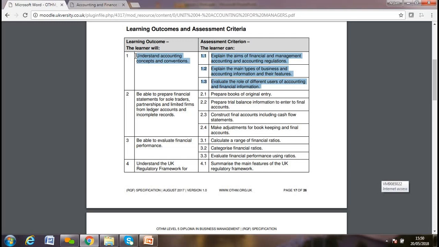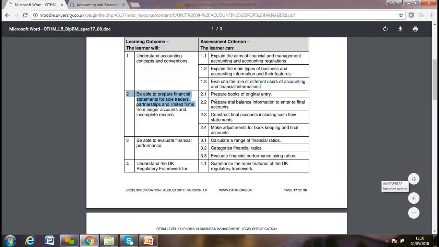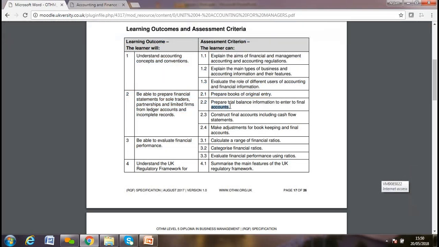In the next lesson we'll prepare the books of original entry, we'll prepare our trial balance, and we'll construct our final accounts, including the cash flow statement. We'll prepare some accounts and make adjustments for the bookkeeping and final accounts.